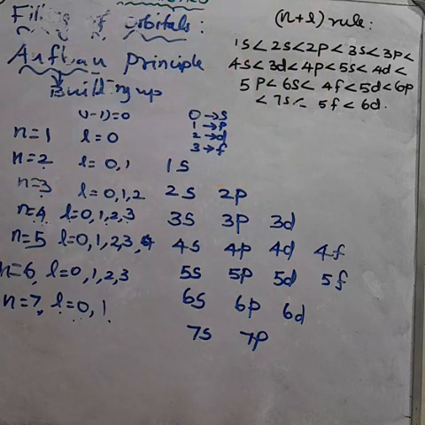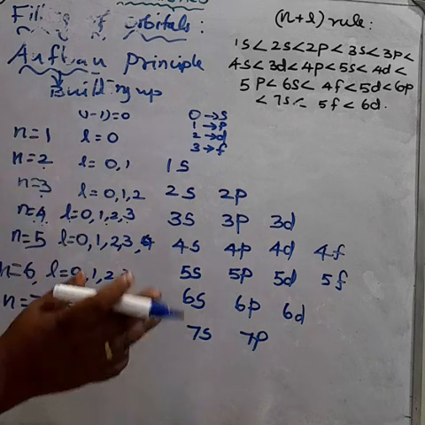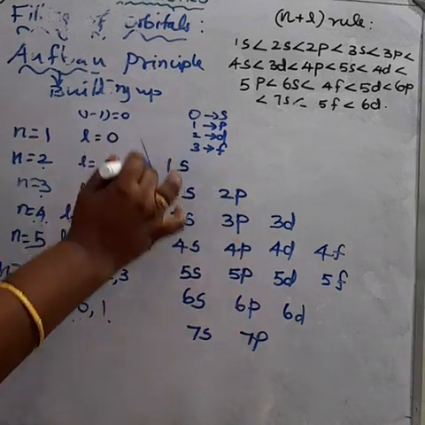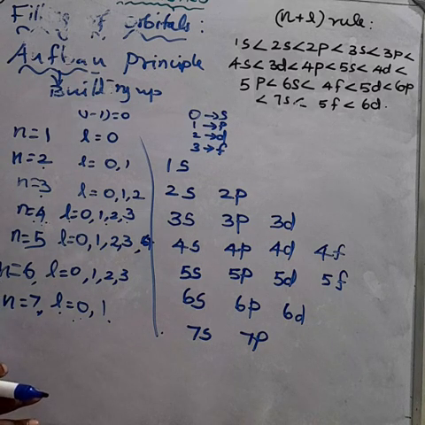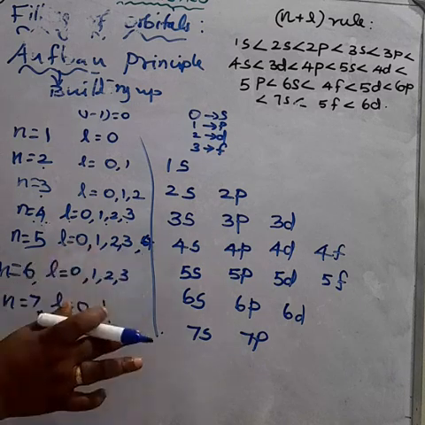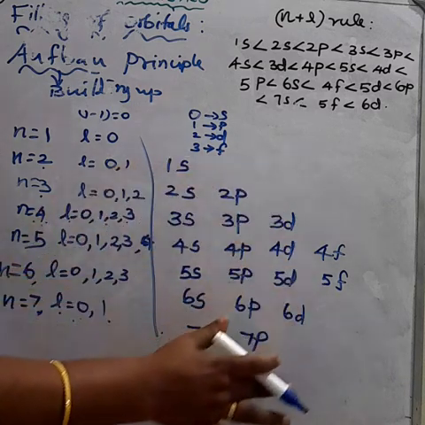Because all the elements that are known to scientists today can be accommodated in just these orbitals only. Okay, a total of 118 elements are discovered right now. So all the 118 elements we can write with these orbitals only. Okay, so you should write these orbitals only.